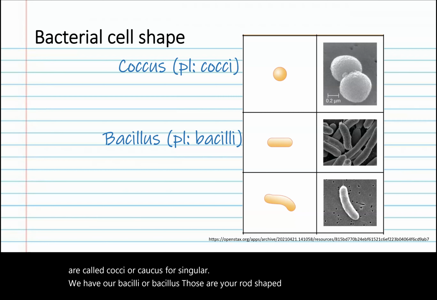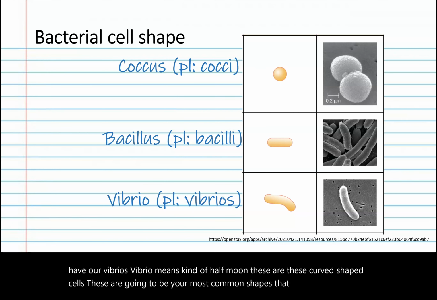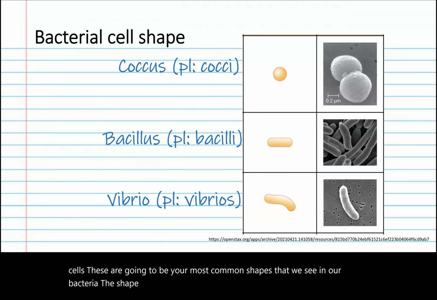And then we have our vibrios. Vibrio means kind of half moon. These are these curved shaped cells. These are going to be your most common shapes that we see in our bacteria. The shape of our cell is determined by its genetics, by its DNA, and by its cell wall structure.